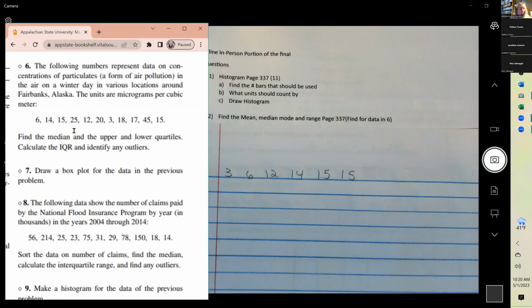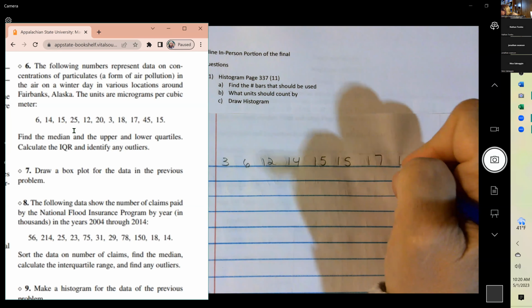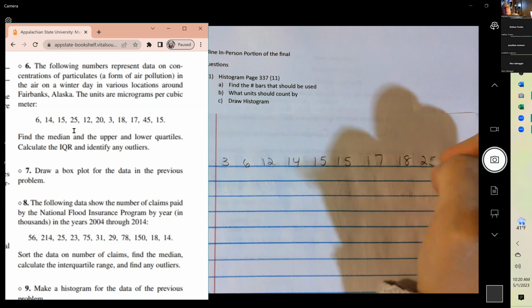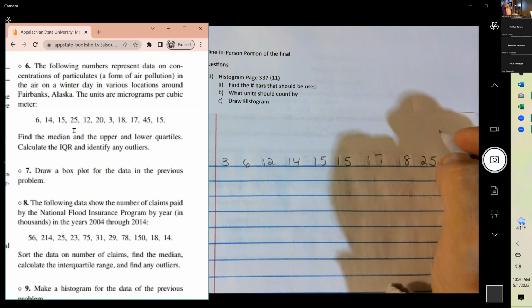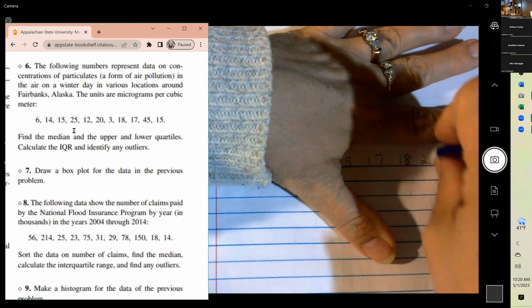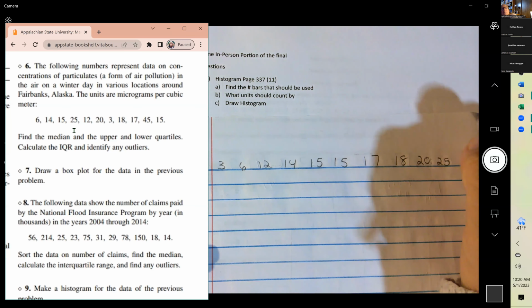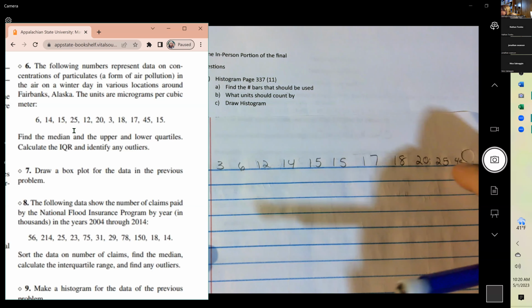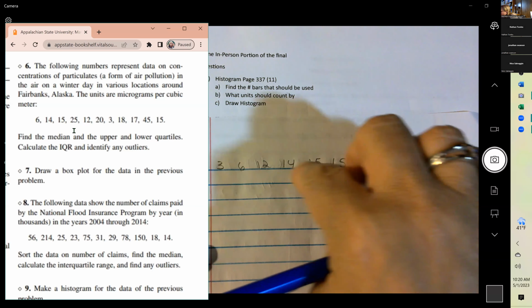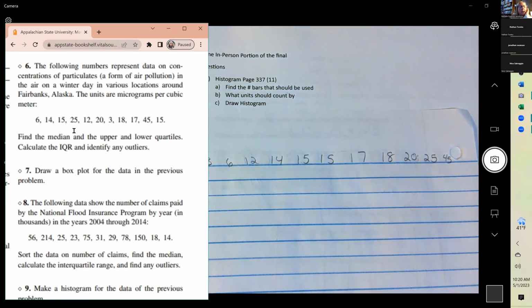A 25, 17, 18. 20, 25. Okay, got them all.